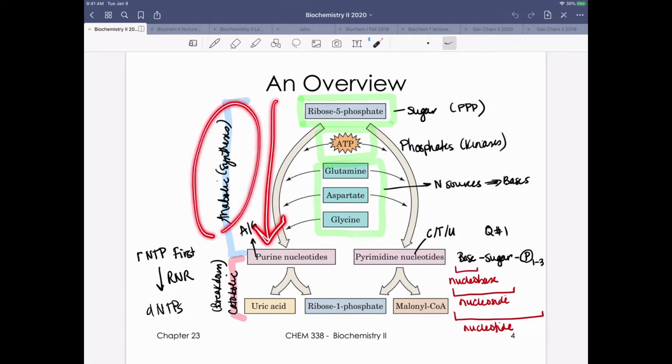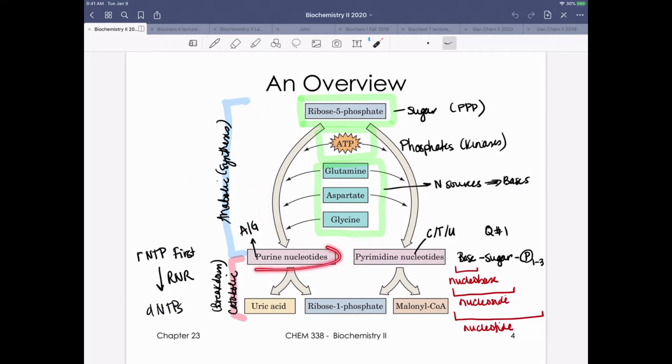So we're talking about anabolic pathways here to synthesize purine or pyrimidine nucleotides, remembering that purines are A's and G's, pyrimidines are C's, T's, and U's. And then we've got in this bottom half here sort of the breakdown of these nucleotides, or the catabolism of them. So again, we're going to kind of deal with each one of these a little bit separately, but this is a nice slide to kind of overview things here.